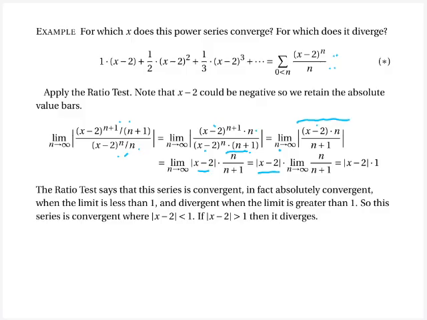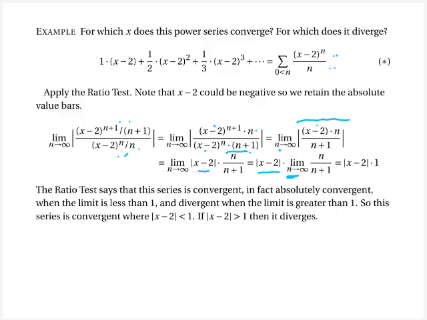It's in absolute value bars because it could be negative. I brought the x minus 2 out, so I can't drop the absolute value bars because the x minus 2 could be negative for some x's. But I can bring the x minus 2 out because it doesn't have anything to do with n. That's to say, x minus 2 doesn't change when n goes to infinity.